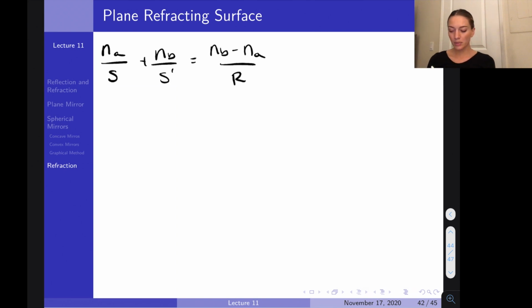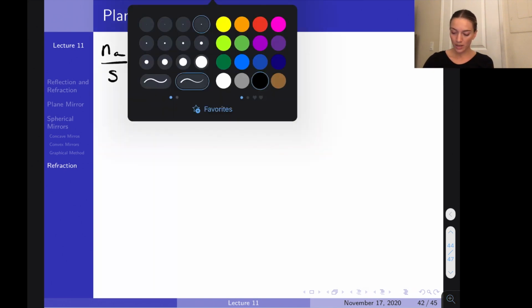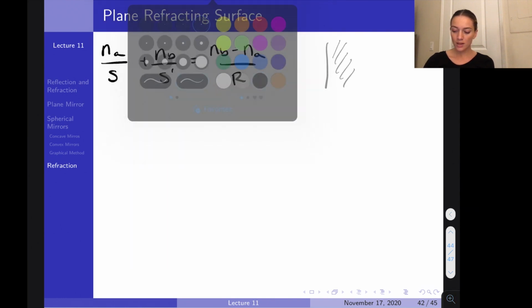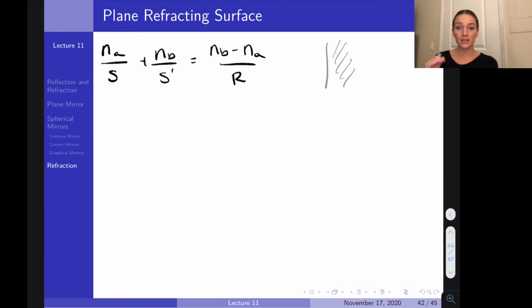But in the case of a plane surface, like a straight flat mirror, the radius of curvature is infinity. If you take a circle that has infinite radius, it will basically look flat when you look at it. So the radius of curvature here is infinity.